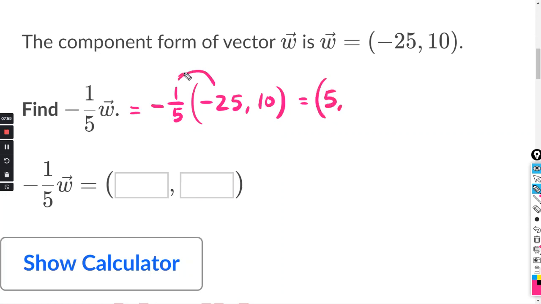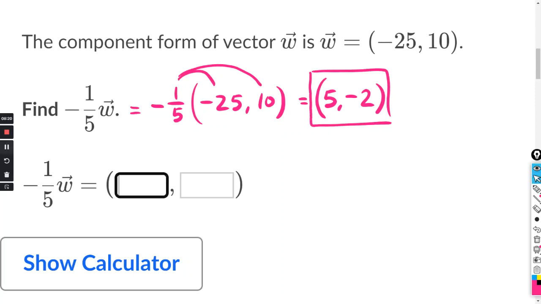And negative 1/5 times 10 is going to be negative 2. So notice we just divided both terms by negative 5. Same thing as multiplying by negative 1/5. Click in the box, positive 5, hit tab, negative 2.